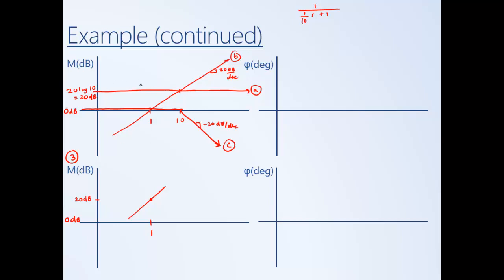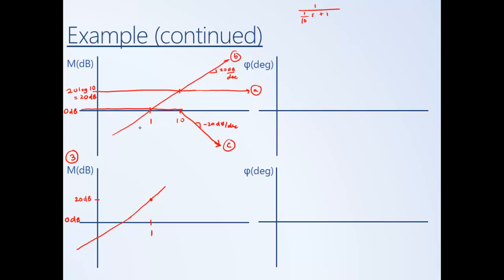And if we look at lower frequencies, we maintain that slope. As omega gets smaller, these two stay flat, having a slope of 0, and component B has a slope of plus 20 dBs per decade. So this slope continues on forever as omega approaches 0 radians per second.